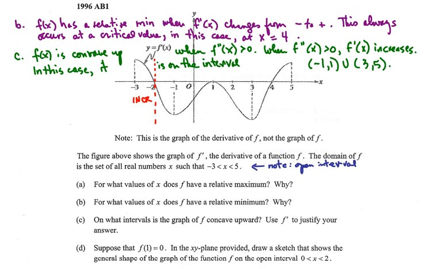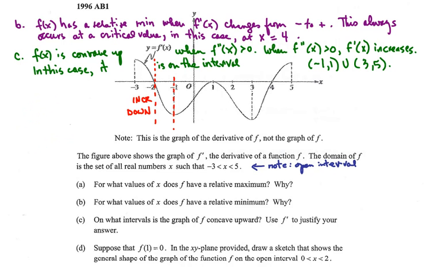That means the second derivative is negative, and so the original function is concave down. So the function is increasing, but it's concave down. And that might look something like the curve I've drawn over to the left there. Increasing, but concave down.